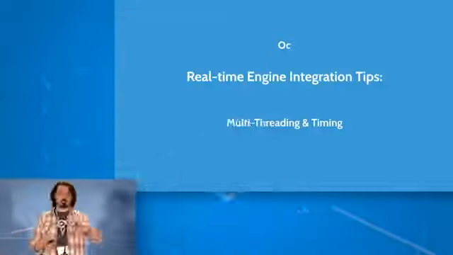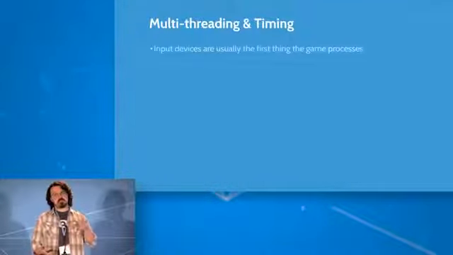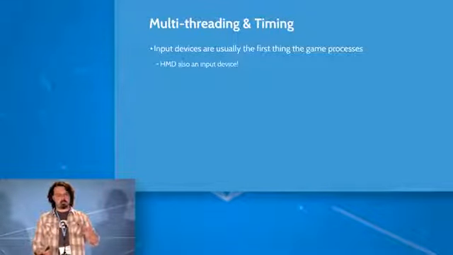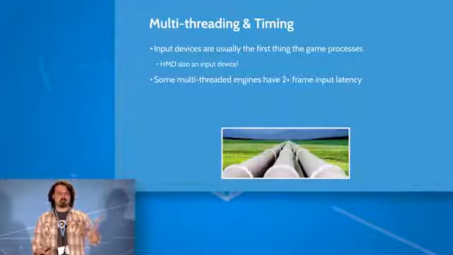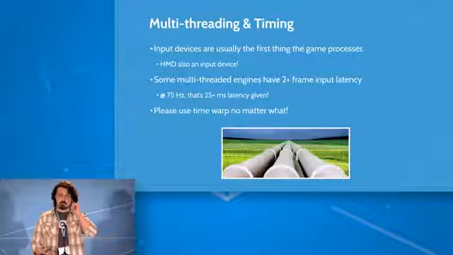So the last point we'll talk about on this engine integration is that some engines are dealing with timing when they're inherently multi-threaded. One of the first things that engines do is sample the input devices, and then they take the sampled input and send it into all of the respective systems like physics and AI and whatnot. You can think of the head-mounted display as also yet another input device.